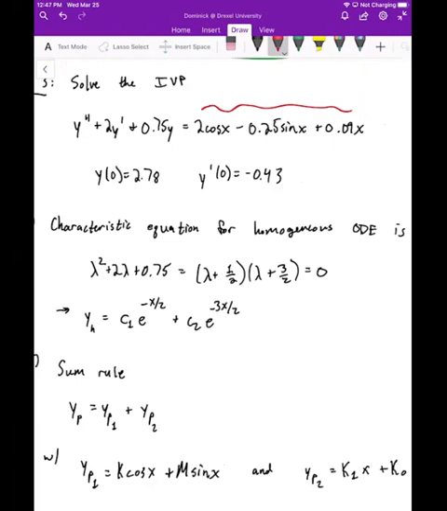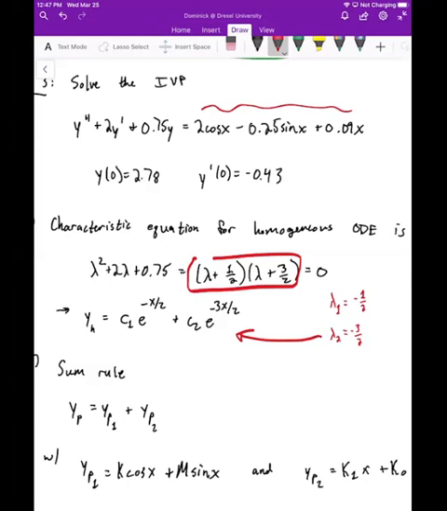Okay, so now the homogeneous version, we can find that we can factor it in this form. So that gives us that we have two real roots. We have lambda 1 is equal to negative 1/2 and lambda 2 is equal to negative 3/2, which gives us this general solution.